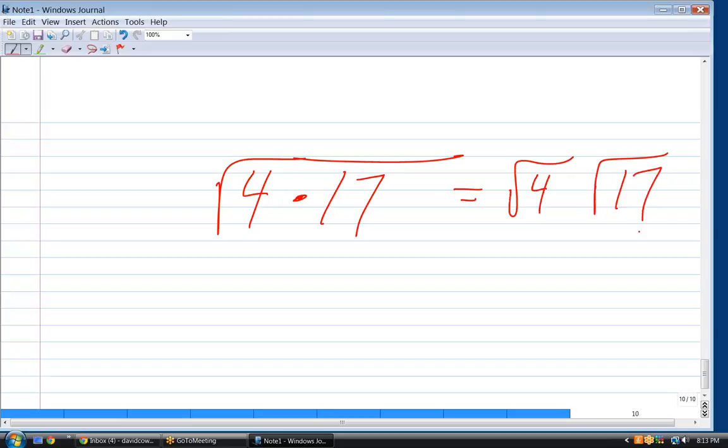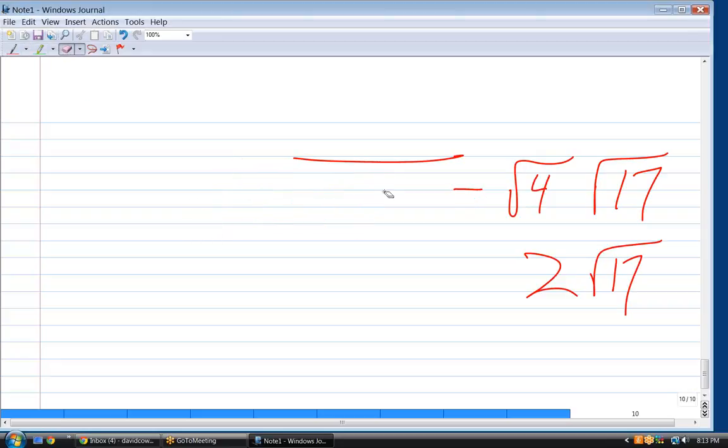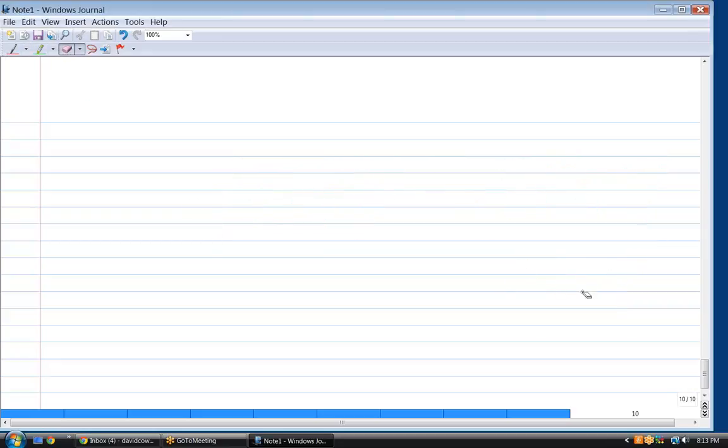You can always separate them like that. And now the square root of 4, since that's a perfect square number, that's a 2. So this whole thing becomes 2 root 17. Okay? So that's how you simplify radicals.